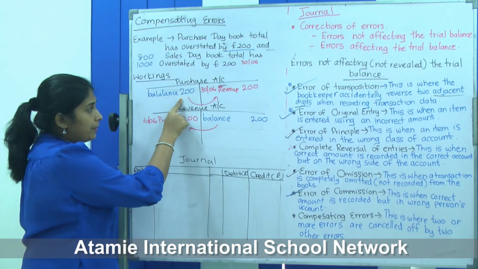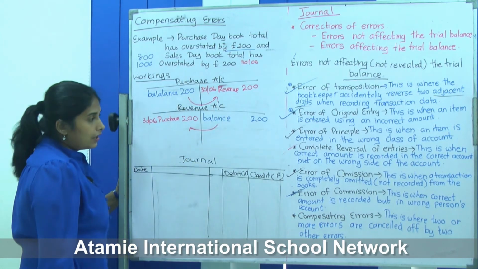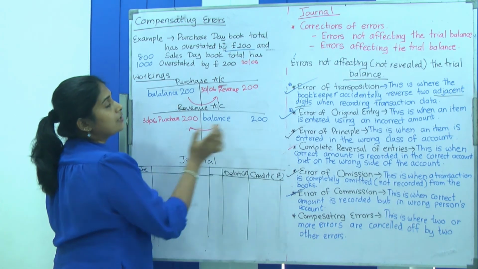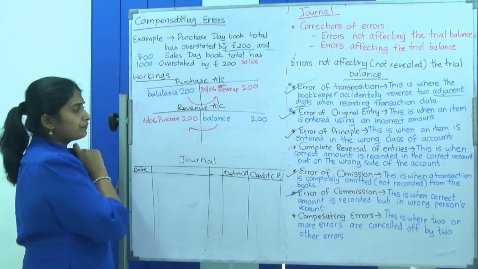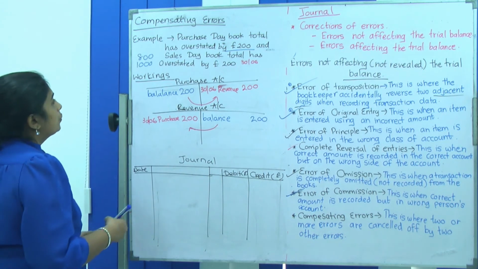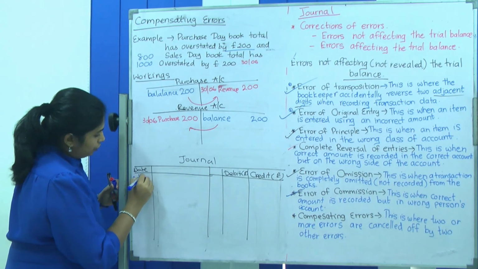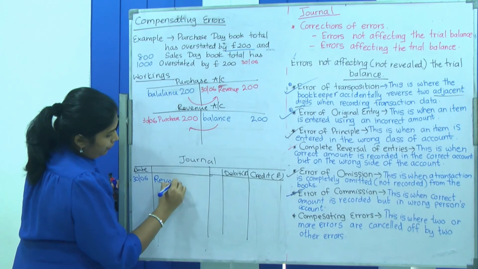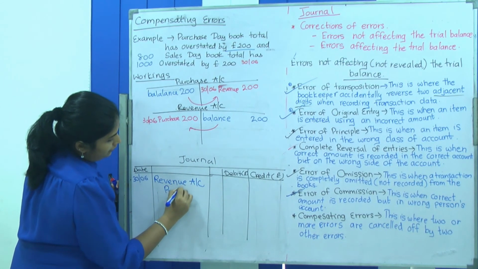Purchases are on the debit side, so to cancel that overvalued 200, you have to credit it. Revenue is on the credit side and it is also overvalued, so that 200 should be cancelled. So it will be debited to the revenue account. To correct the compensating error found on 30th June, you have to debit the revenue account and credit the purchases account.